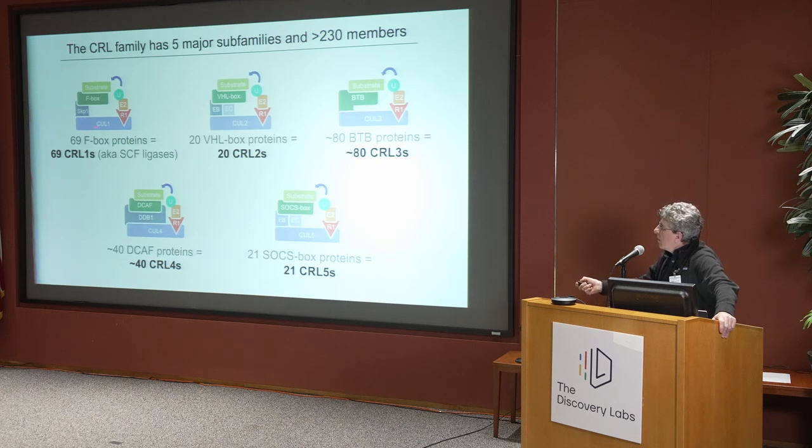So for instance, Cul1 will bind a family of about 70 F-box proteins in mammals, Cul2 will bind VHL box proteins, Cul3 will bind BTB proteins, Cul4 DCAF proteins, and finally Cul5 SOCS box proteins. And today I will tell you a little bit more about CRL1s that are also known as SCF, as mentioned by Avram, and CRL4s.